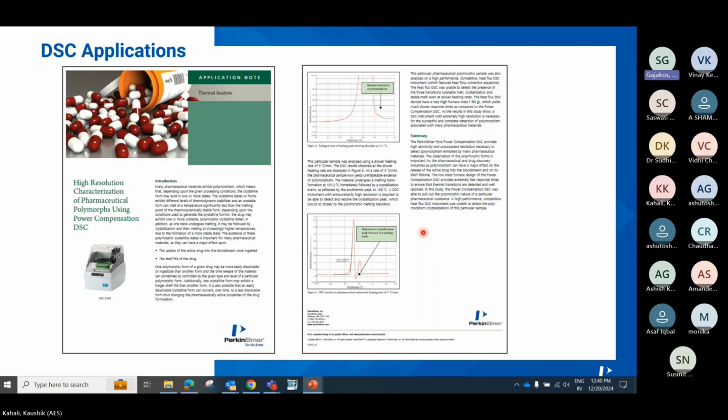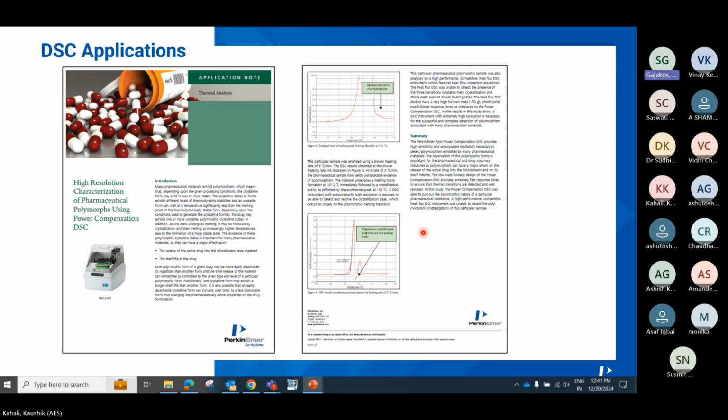They are very closely related to each other, but only one of these forms is clinically active, so that one will work for the disease. The other forms are not clinically active, so they are not used for the formulation of the drug. So they have to select a particular form.